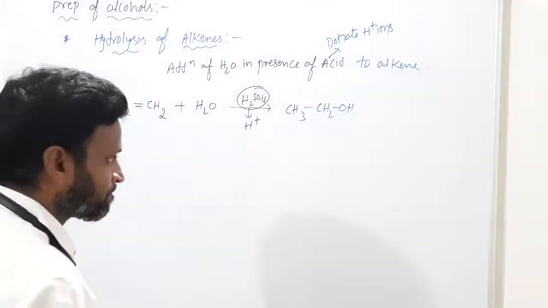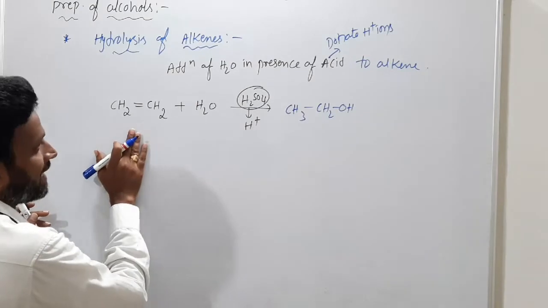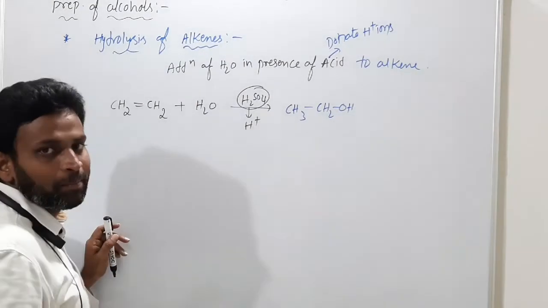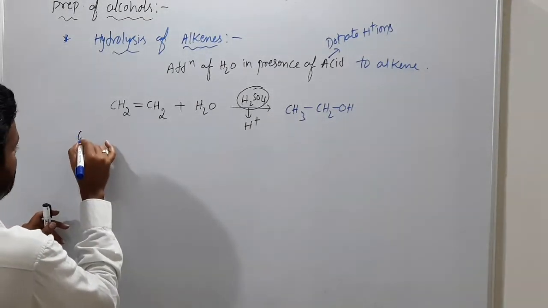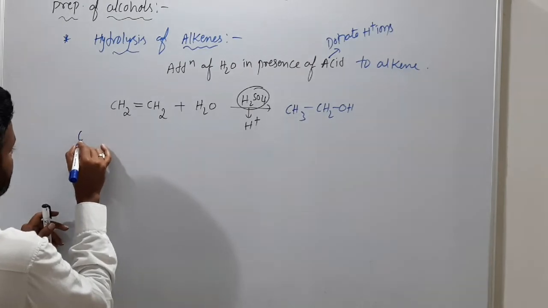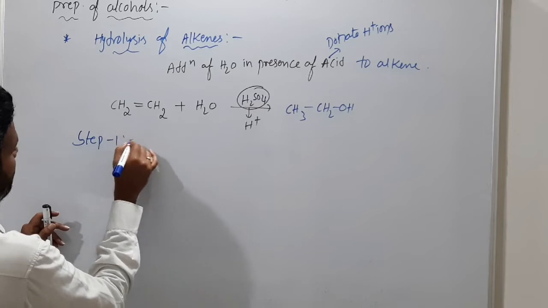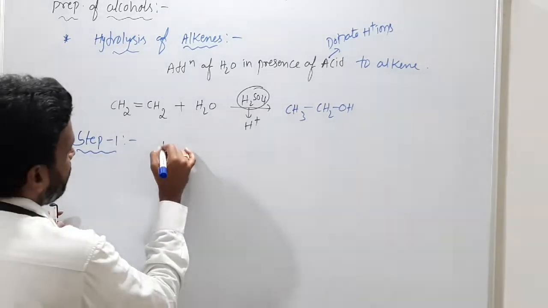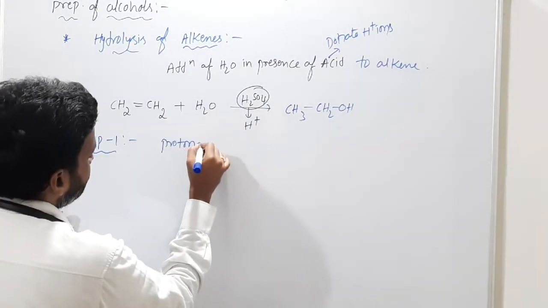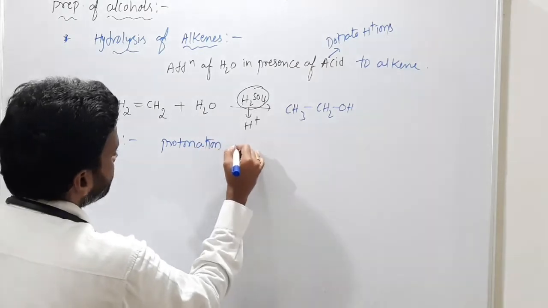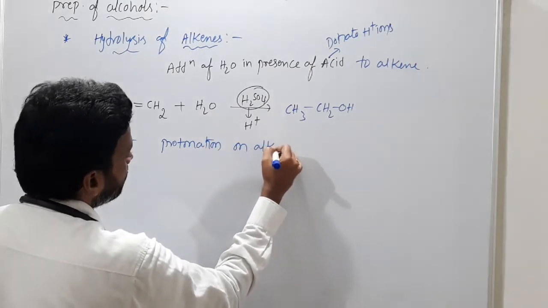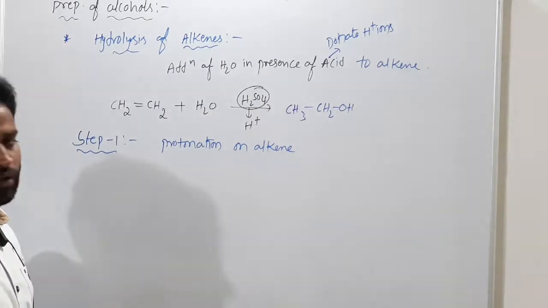This reaction happens in a 3-step mechanism. Step 1. What is step 1? Protonation. Protonation on alkene. This is the first step.